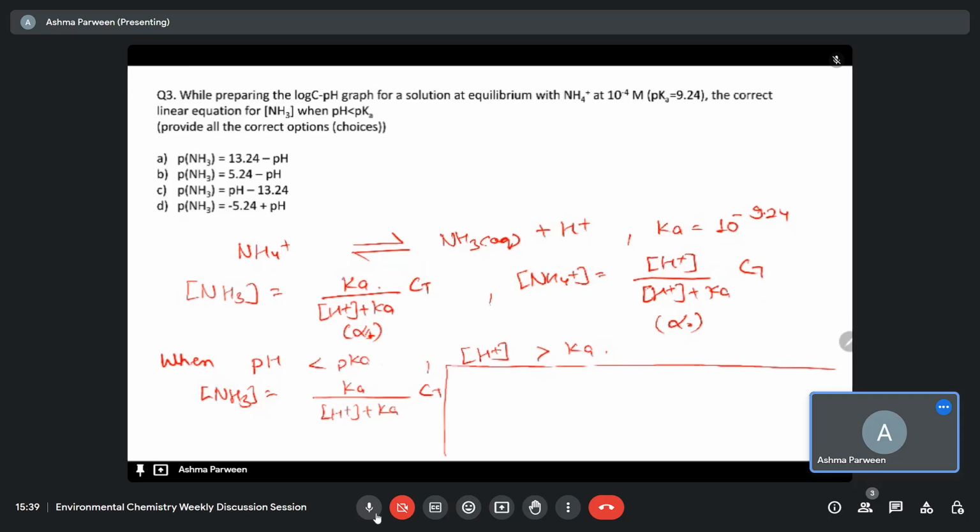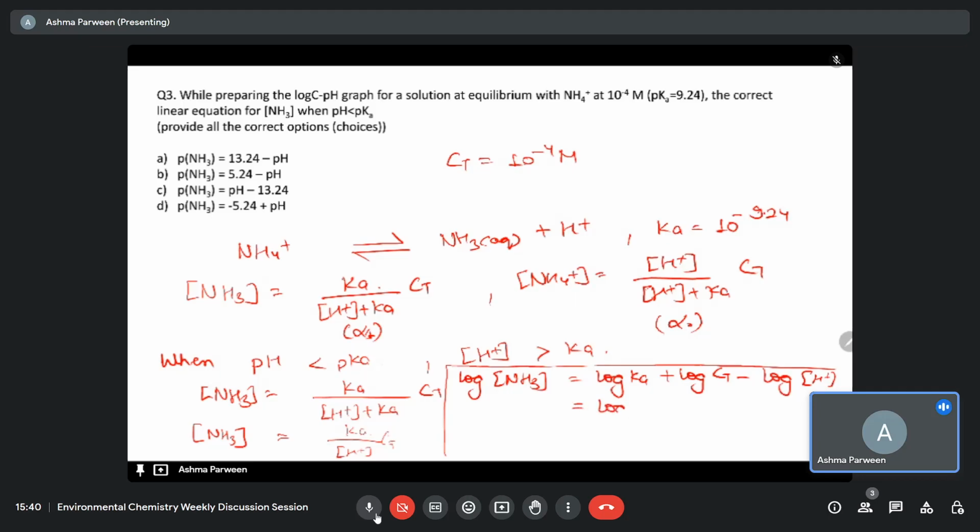Now since pH is less than pK, concentration of H plus will be greater than Ka, so we can write the overall denominator as H plus. NH3 is Ka upon H plus times Ct. By taking log on both sides, we will have log NH3 equals log Ka plus log Ct minus log H plus. In the question we have been given that the overall concentration Ct is 10 raised to power minus 4 M. So we will have log Ka, that is log 10 raised to power minus 9.24, plus log 10 raised to power minus 4, plus pH.